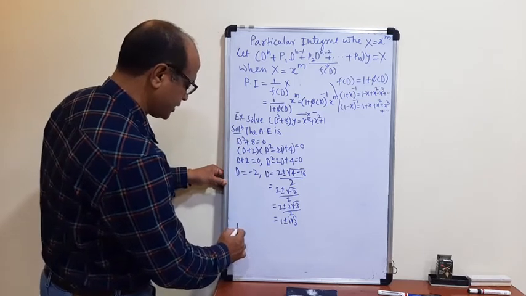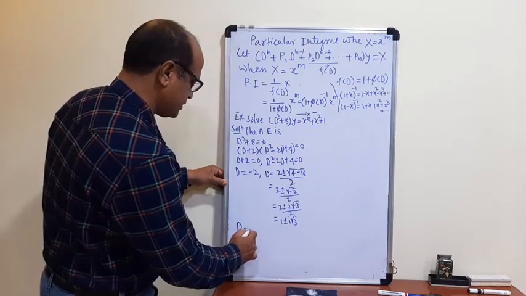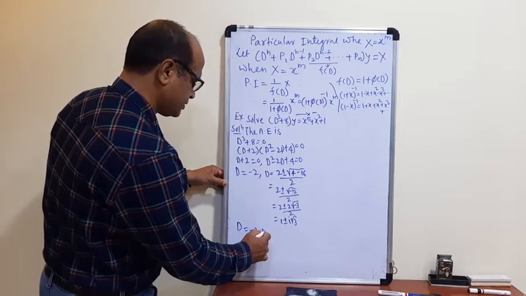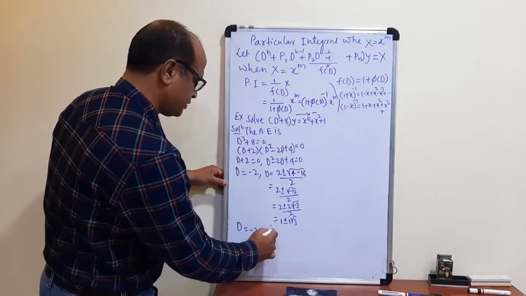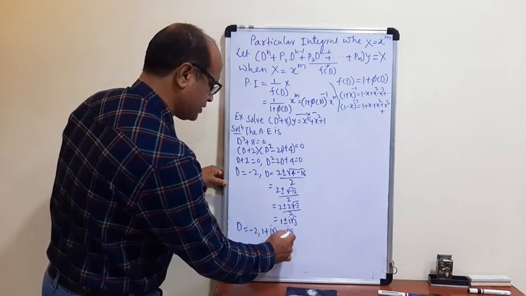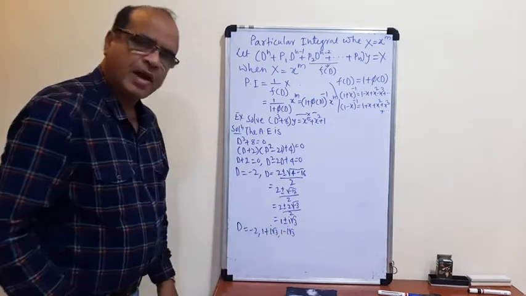Therefore the roots are minus 2, and these are the imaginary roots: 1 plus i root 3 and 1 minus i root 3. One real and two imaginary roots are here.